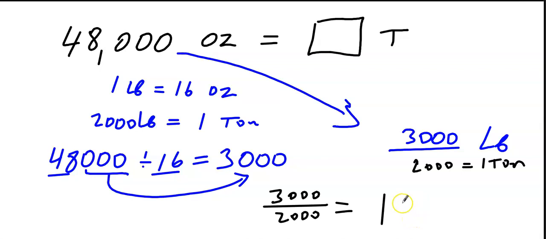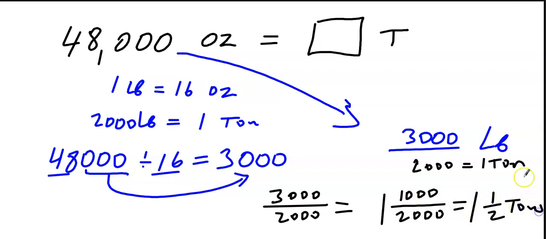How many pounds are left over? Should be 1,000. And the same denominator stays, it's 2,000. Now this really can simplify. 1,000 divided by 2,000 is the same thing as a half. So we have 1.5 tons. The answer is 1.5.